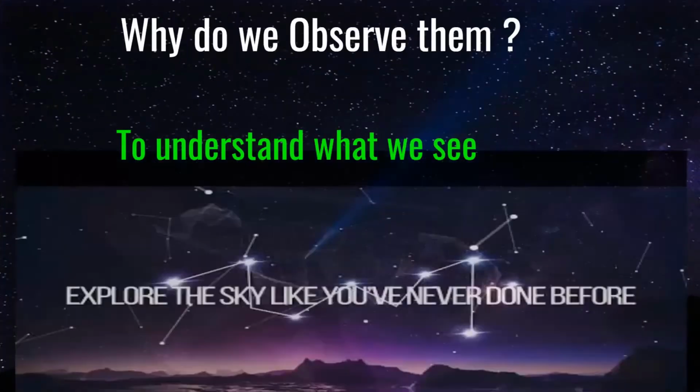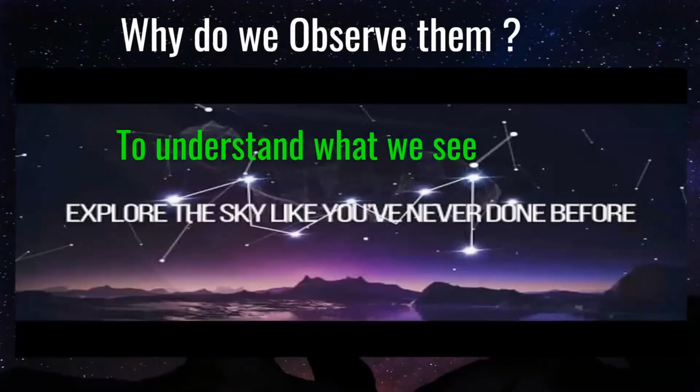Why do we observe them, either in the form of the solar system or in the form of galaxies? It is because we want to understand what we see very well and also do exploration, explore the sky like we have never done before. These are some reasons why we have telescopes to observe the galaxies and the solar system.